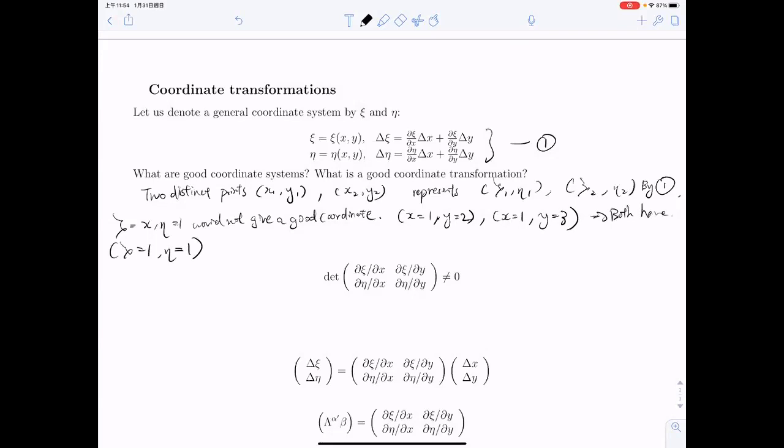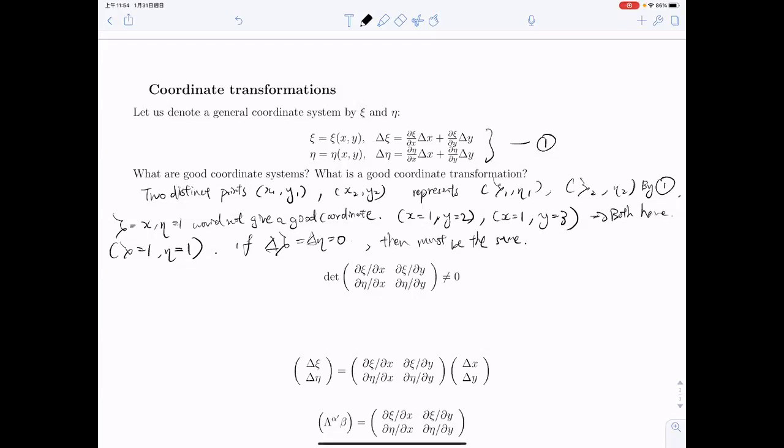Mathematically, this requires that if delta xi equals delta eta equals 0, then the points must be the same. So what do we mean by a good coordinate? If we choose delta xi equal to delta eta equal to 0, then the point must be the same, so that we can define a good coordinate.